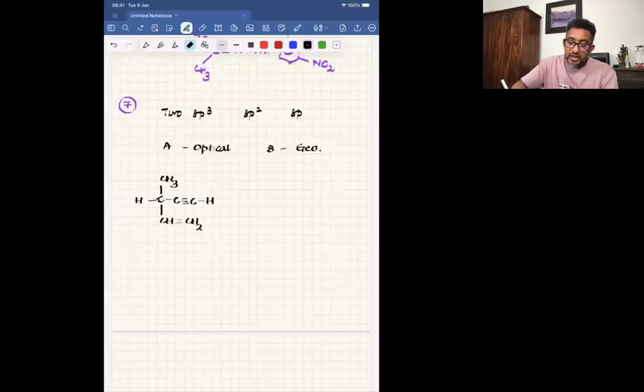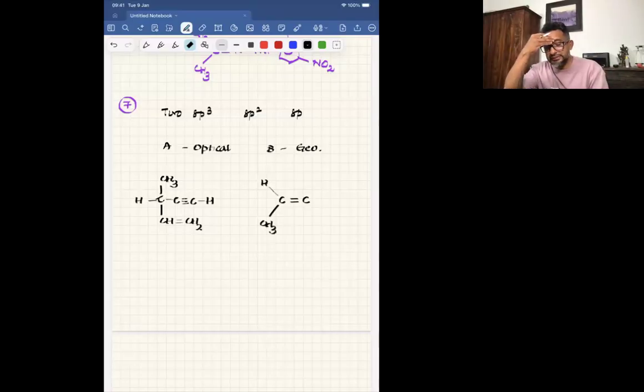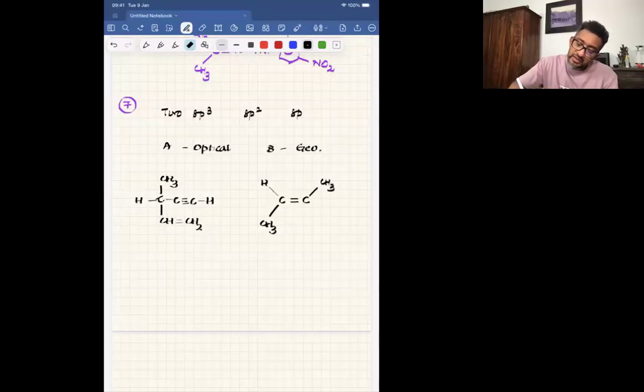That's first one, right? The other one is geometric isomerism. Geometric isomerism means you have to have a carbon-carbon double bond. So on this side, you can have hydrogen, and on this side, you can have a sp3 center. Here you can have sp center.